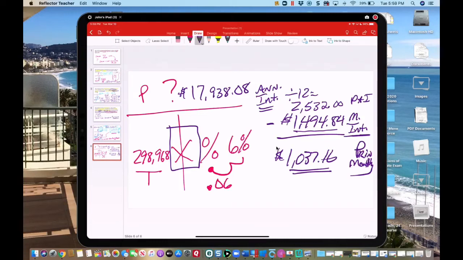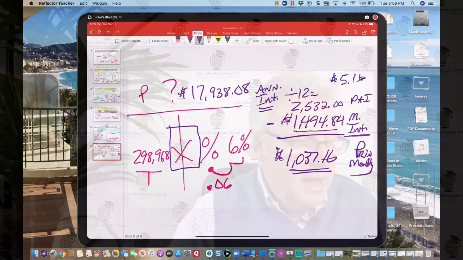See that? See how we're amortizing? The interest starts here and the principal starts here. Hopefully you can see this. So as the interest starts to go down $5.16 per month, the principal goes up. And that's going to continue on through the life of the loan until at one point the principal's way up here.